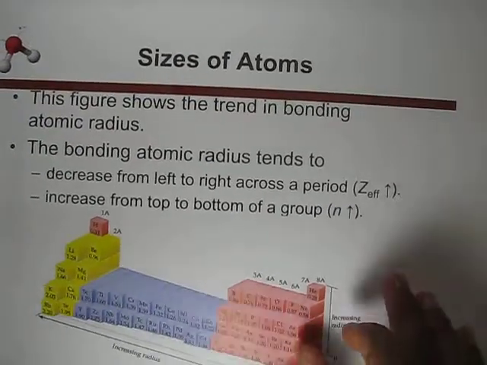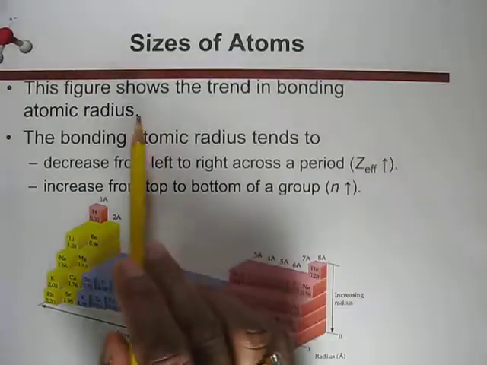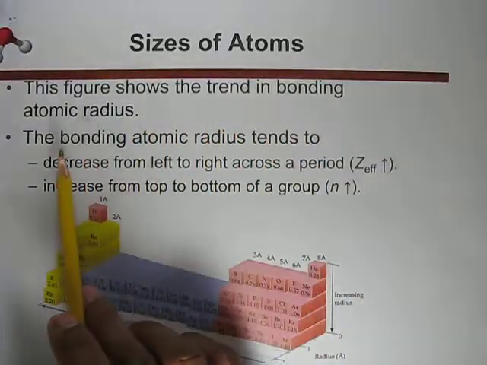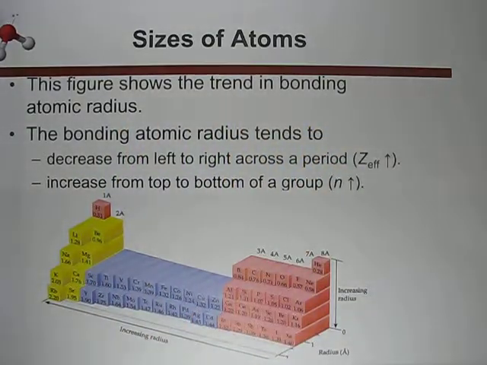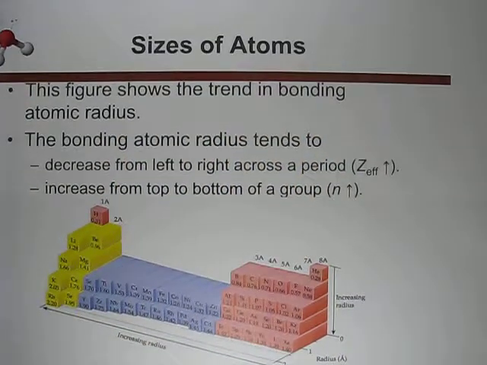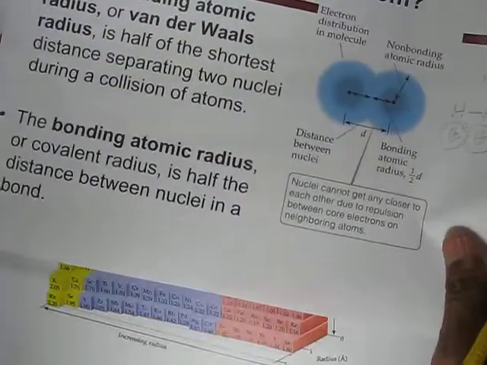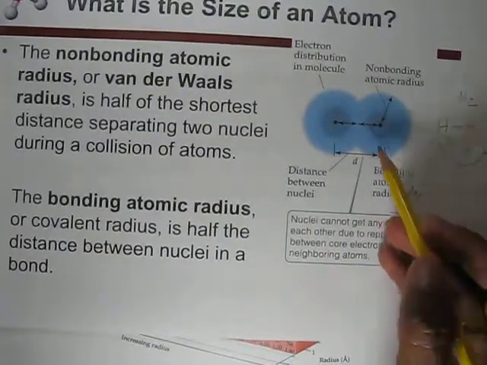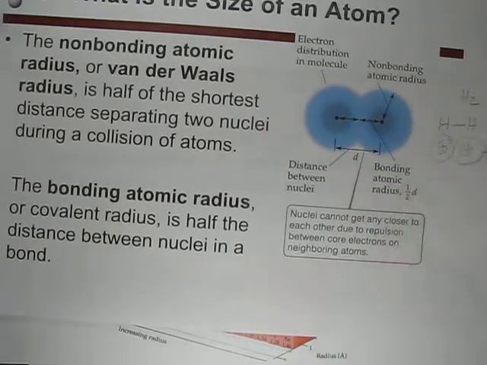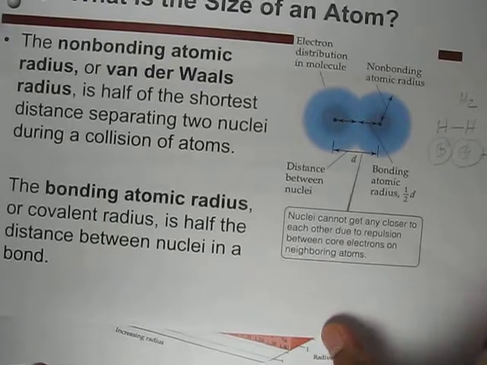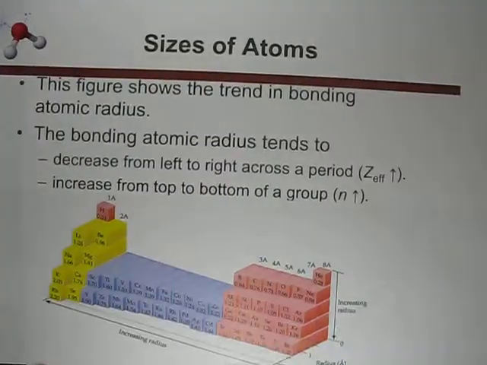Now the size of an atom in the periodic table. This figure shows the trend in the bonding atomic radius. The half of the distance between the two nuclei is called the bonding atomic radius.